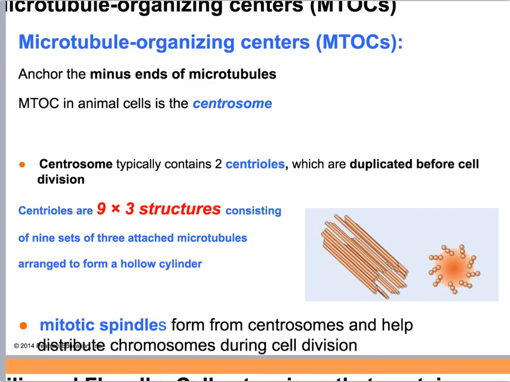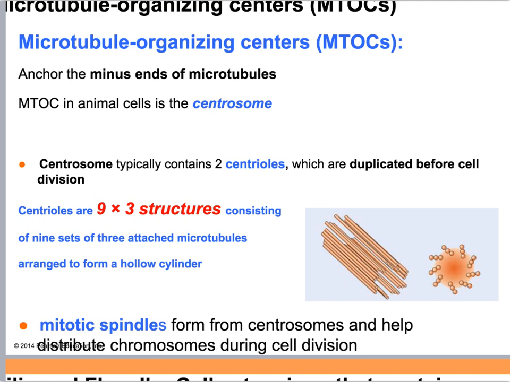All right, so let's talk a little bit more about microtubules because they do play such an important role in our cells. The microtubules actually grow out of an area of the cell called the microtubule organizing center. The microtubule organizing center represents the minus end of the microtubules, and then the plus end will grow out from there.